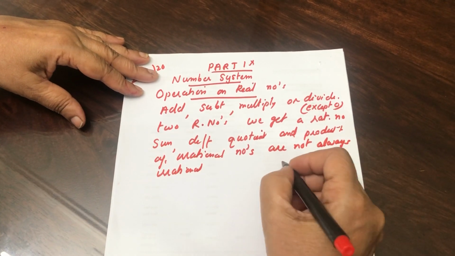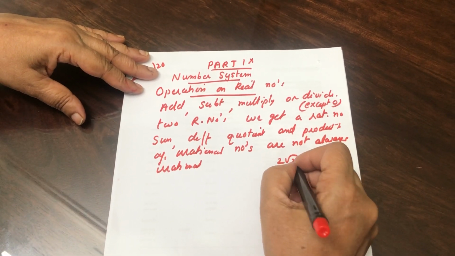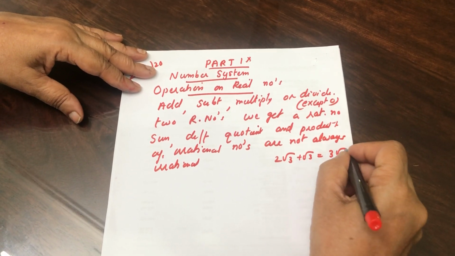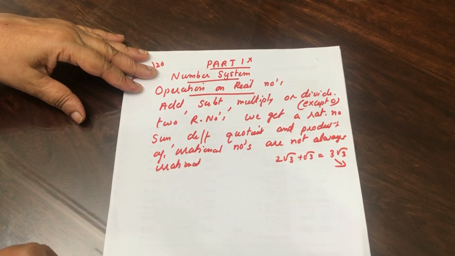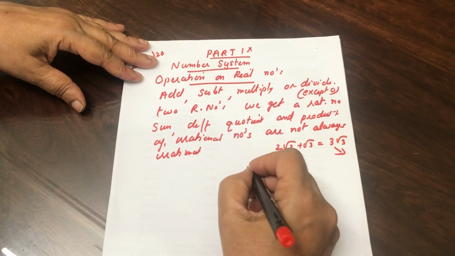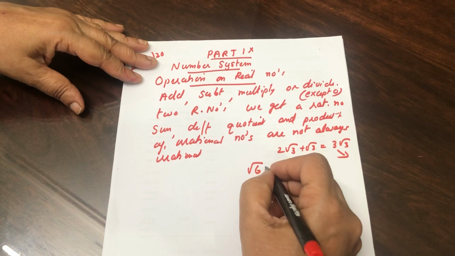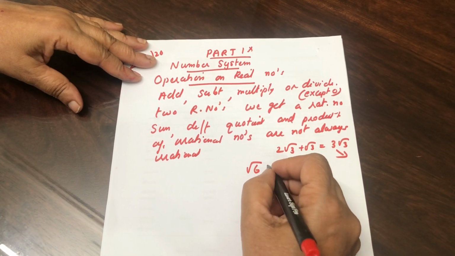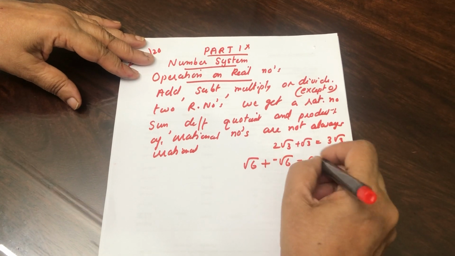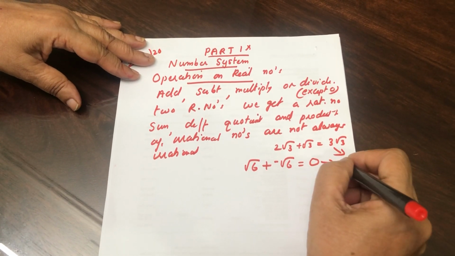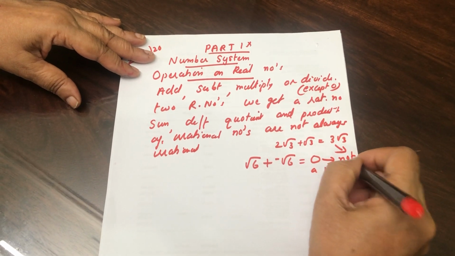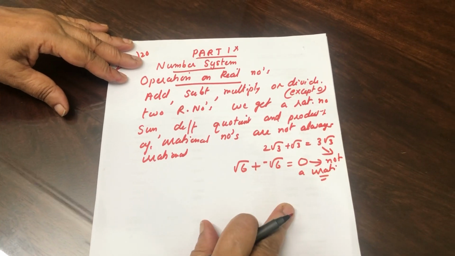So if you take 2 root 3 plus root 3, you are getting 3 root 3. This is an irrational number. But when you take root 6 plus minus root 6, you are getting 0, which is not an irrational number. That means you cannot generalize it.